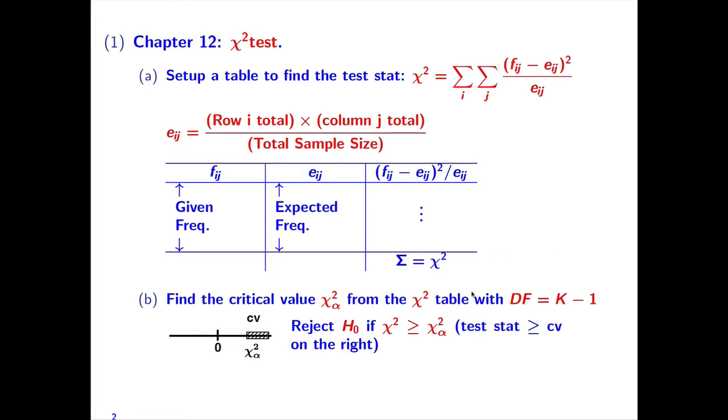And after you find the chi-square alpha, the critical value, we reject H0 if the test statistic is greater than or equal to the critical value on the right, because this is a right-tail test. And here's the table. If your test statistic is more than your critical value on the right, you reject H0. If your test statistic is less than your critical value on the right, you fail to reject H0.